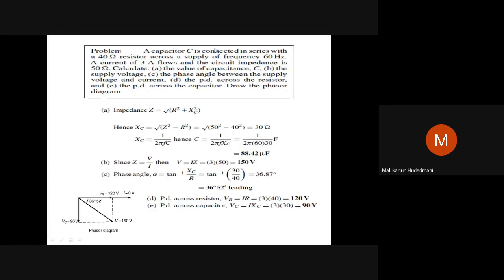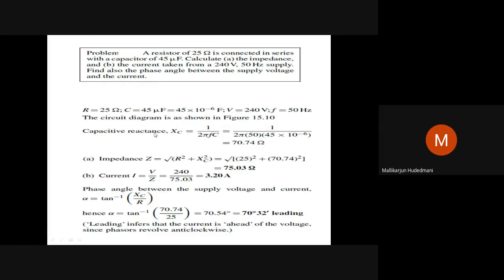If the same problem is said as inductive, you will be getting XL by R at that time. The same circuit, instead of telling you capacitor of so much microfarad, some millihenry is said. How do you link this? Tan inverse XL by R. That's the only connectivity you need to think at that time.